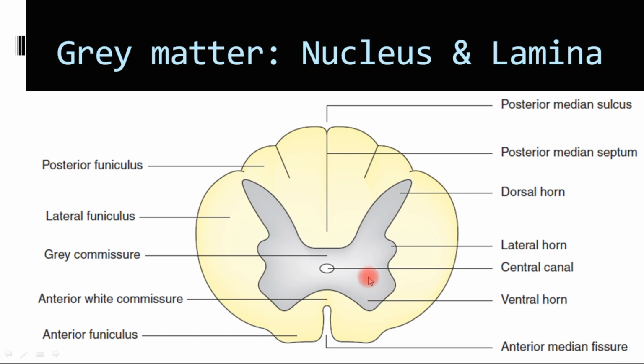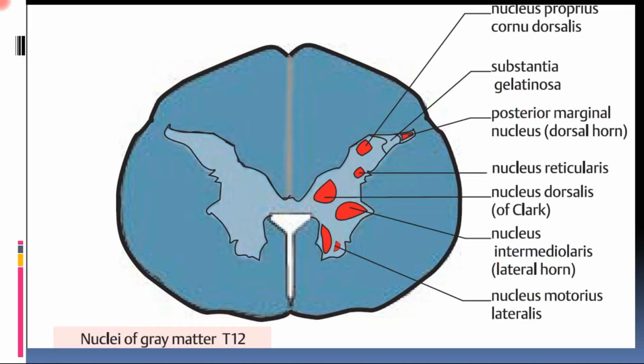So the gross divisions of grey matter are dorsal horn, lateral horn, and ventral horn, but it can be further divided into nuclei or laminae. So let us see what nuclei are present in the grey matter.